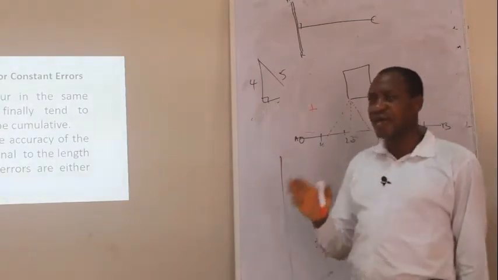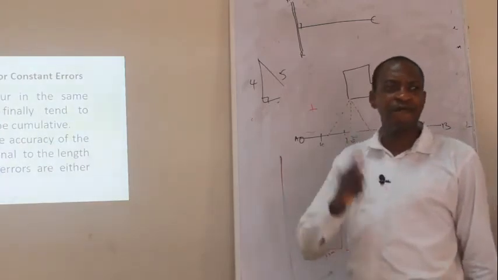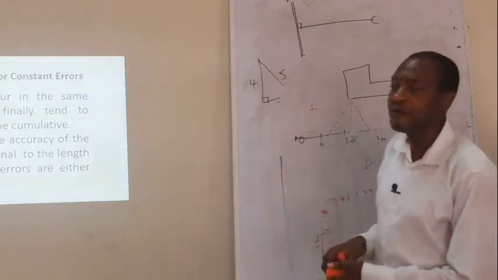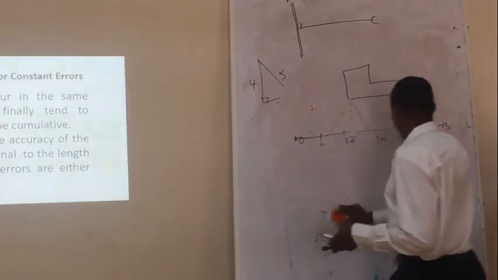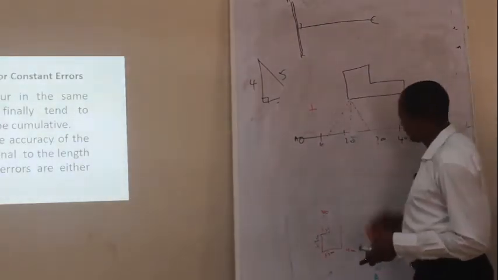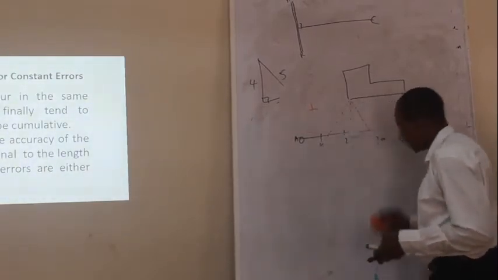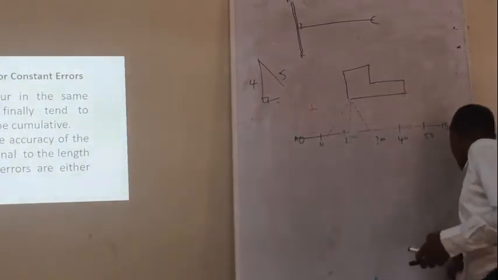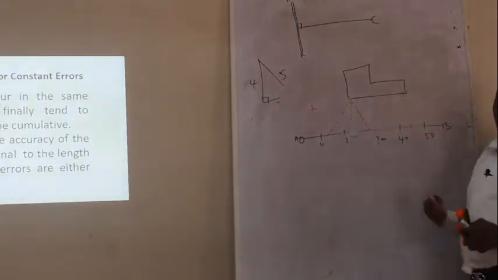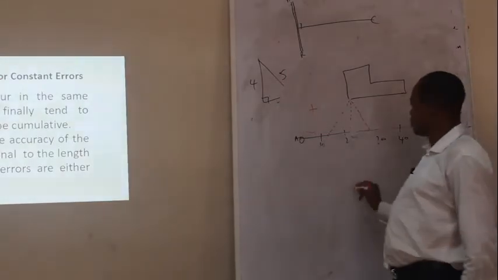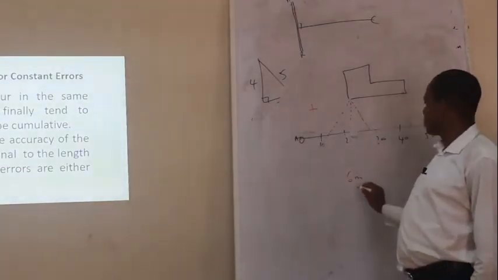It means that anytime you measure with it, if you have not checked it against a base, if you have not confirmed that distance to be 5 meters, and you just go blindly based on your manufacturer's prescription, that this 6 meter tape I've given to you, and you went ahead to measure like that, you will be incurring some errors. The manufacturer told you the tape is 6 meters, but in reality, when you check it against a base, it's 5 meters.